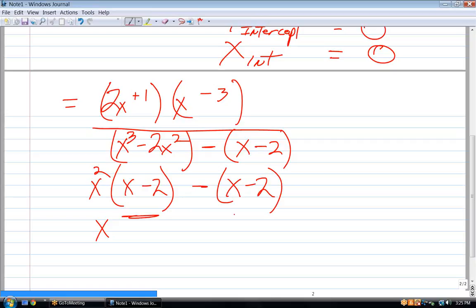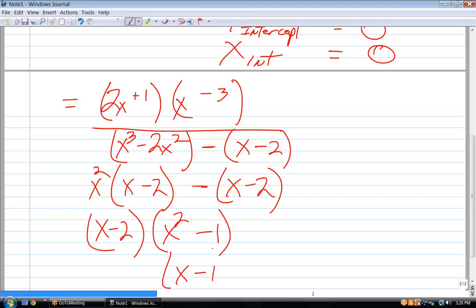What we're doing here is a little unusual. We're factoring out a binomial. When I factor out that binomial, it leaves behind x squared minus 1. And then the x squared minus 1 factors into x minus 1 and x plus 1. So that's how I get those three factors.